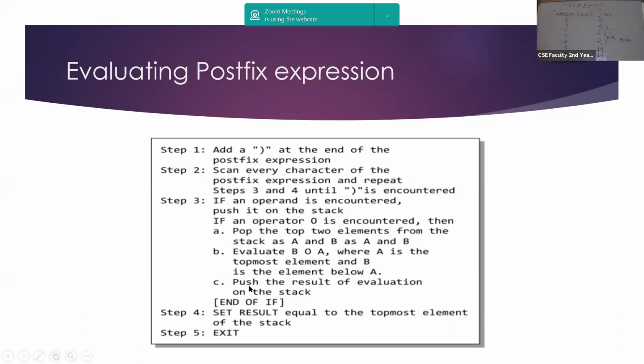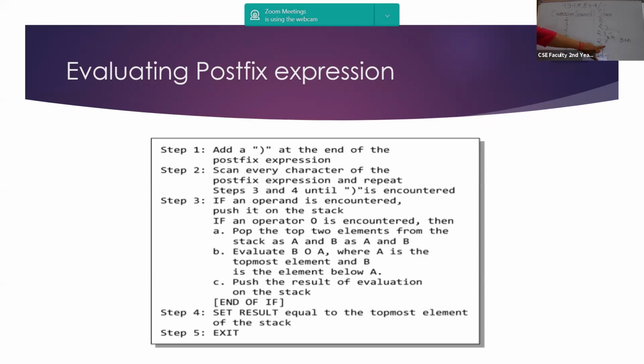So after doing it, push the result of evaluation onto the stack. So what is the result? Result is 7. So push it back to the stack. End of if. Set result equal to the topmost element of the stack. So this is the final result. In this case, the result is 7. So this is the topmost element.